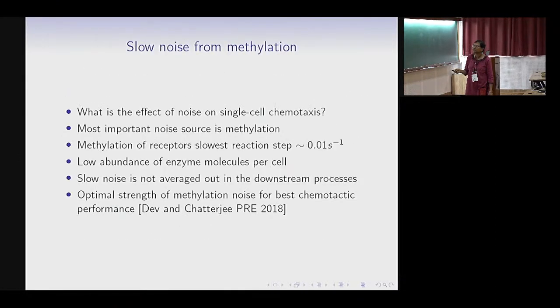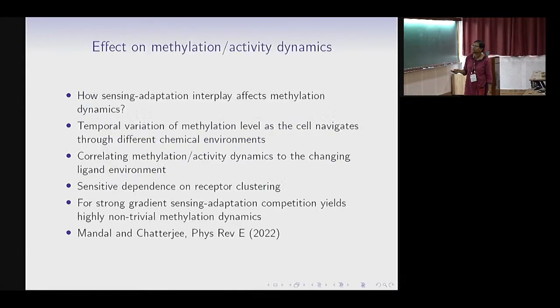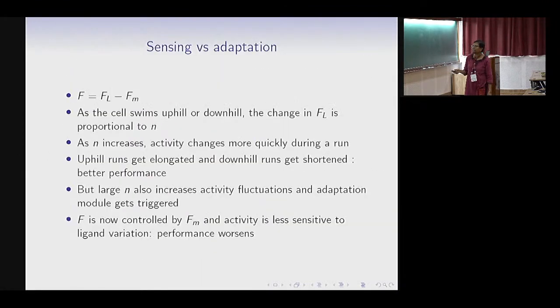So this change in ligand free energy is proportional to N, which means as N increases, the change in the ligand part of the free energy is larger. So the activity now changes more quickly, and therefore favorable runs are elongated even more, bad runs are shortened even more. This improves the performance.